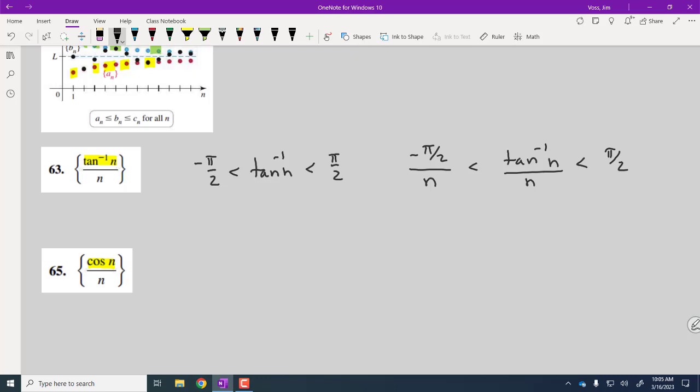So once we've done that, we've matched the inside. Now what we do is take the limit of all three parts, as n goes to infinity of each of these.